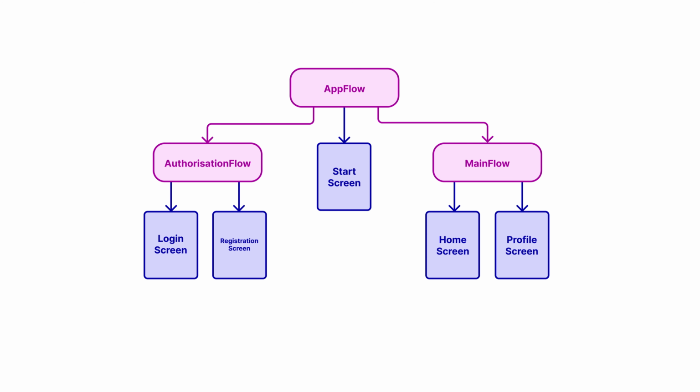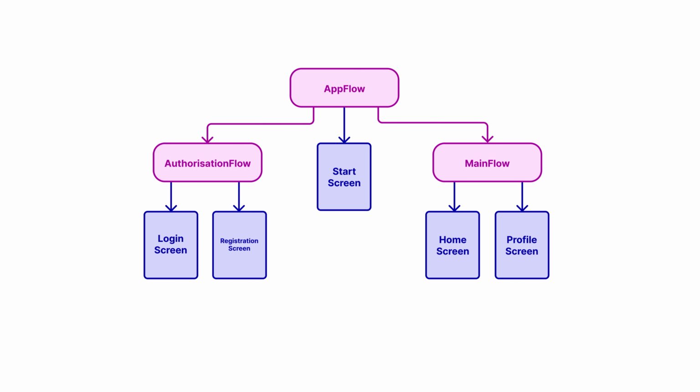And from the login screen module, the user can navigate to the registration screen, because the login screen will have a registration button, and if the user taps this button, the authorization flow will show the registration screen to the user.